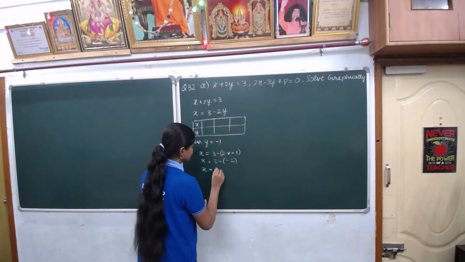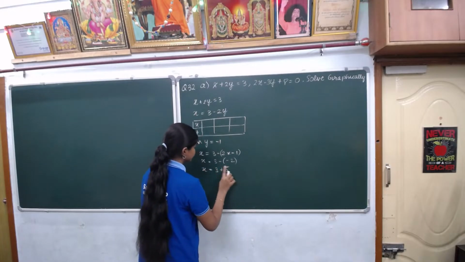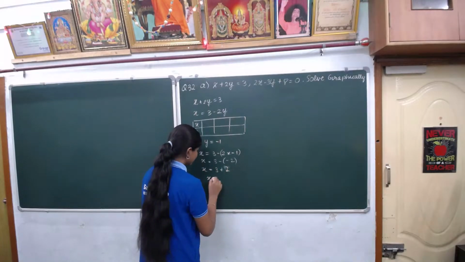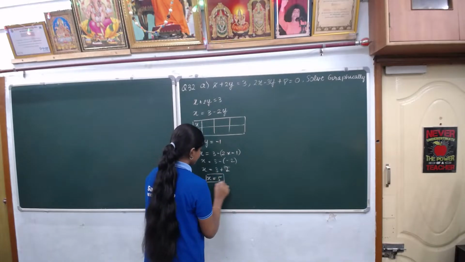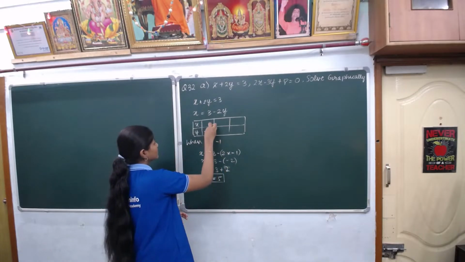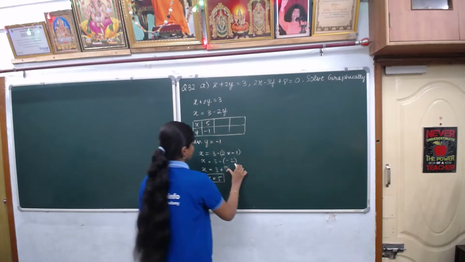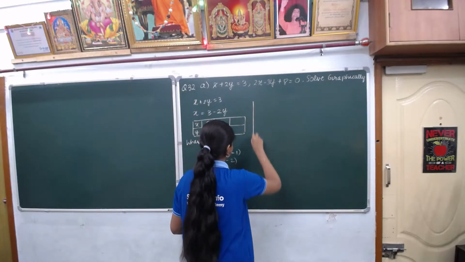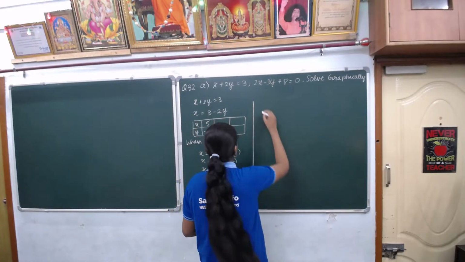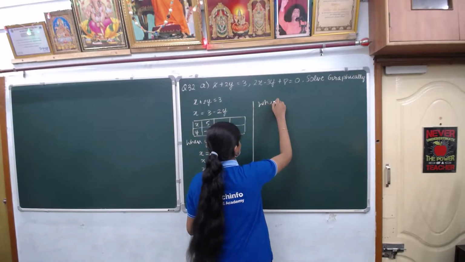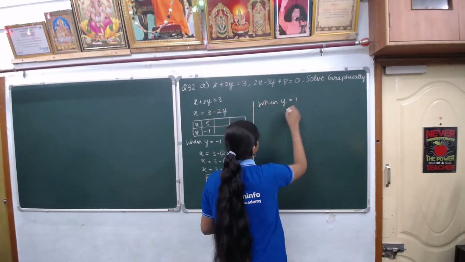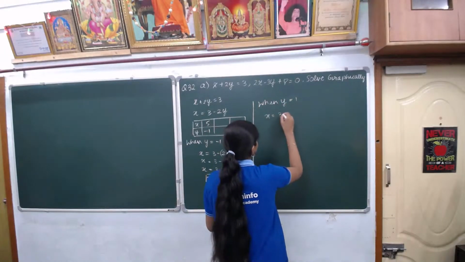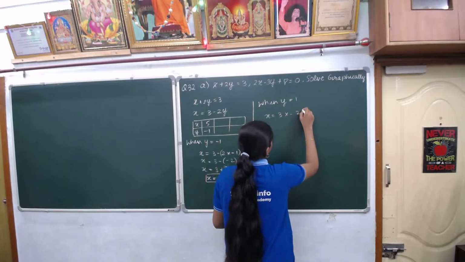So x is 3 plus 2, so x is equal to 5. So when y is equal to minus 1, x is equal to 5. Next, when y is equal to 1, then x will be 3 minus 2.